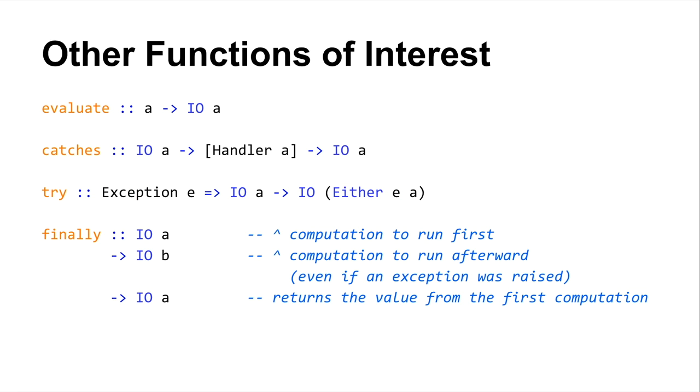Other functions of interest, which I'm not going to get into, but are going to be useful for you and are somewhat low level, so are worth pointing out if you're going to be managing exceptions in Haskell. Evaluate, which given a value of type A, or some expression whose meaning is some expression of type A, will give you back an I/O computation that when run will evaluate that expression down to weak head normal form. Yes, that is correct.